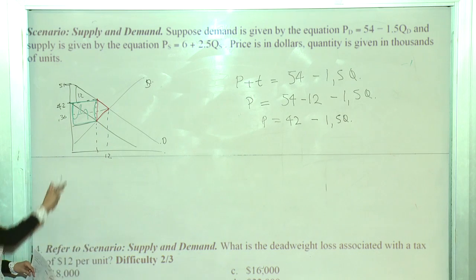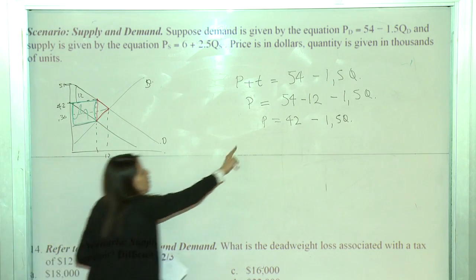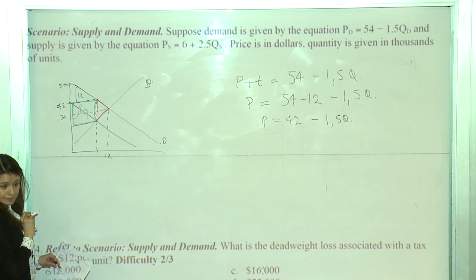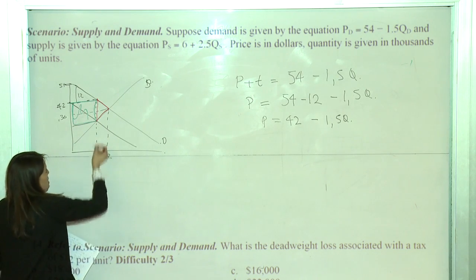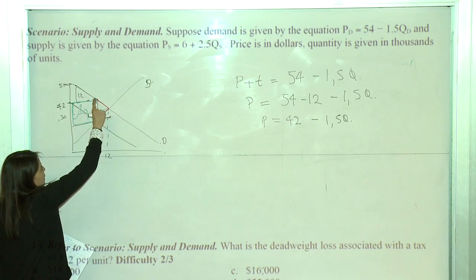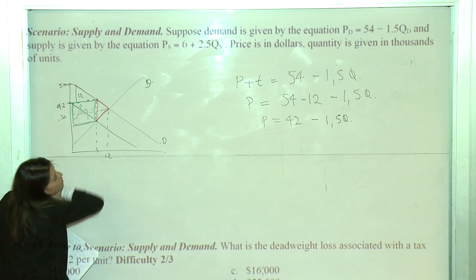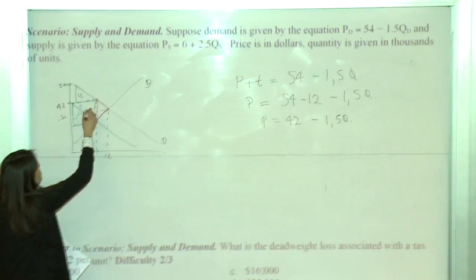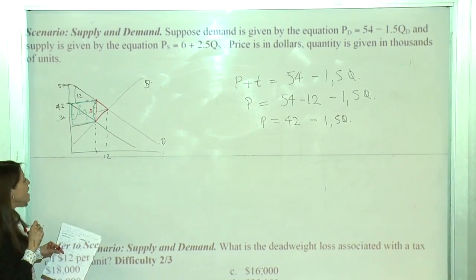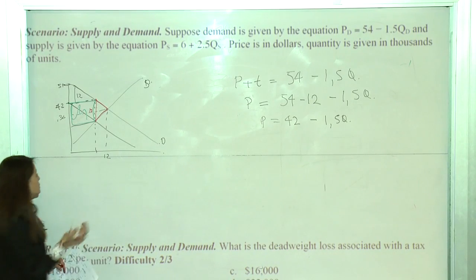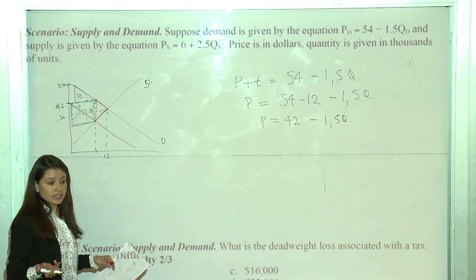So what I need to know, with this formula here, is the size of this area, right? So I need to know the size of this area, which is the amount of the tax, okay, which is 12, okay, and the difference in quantities, right? So how do I calculate the difference in quantities?